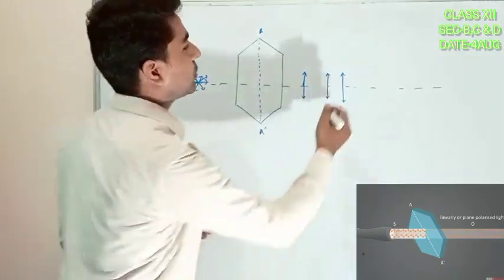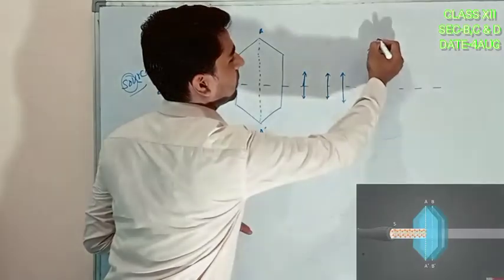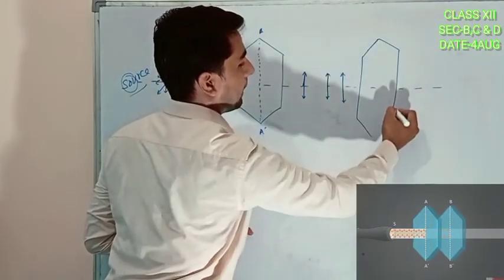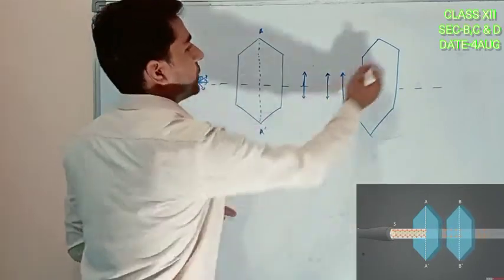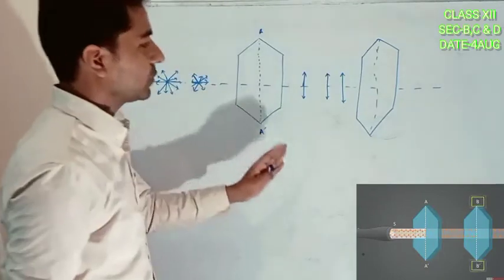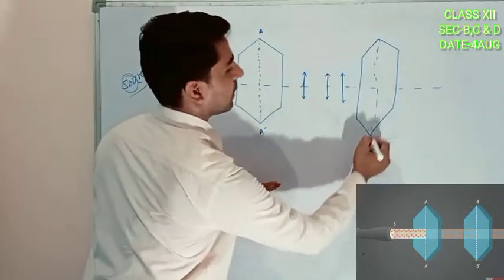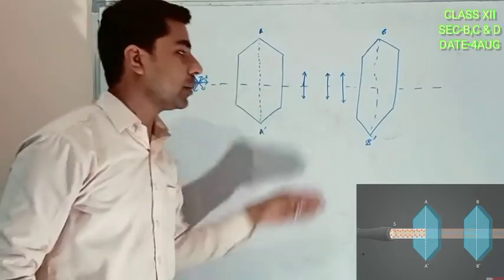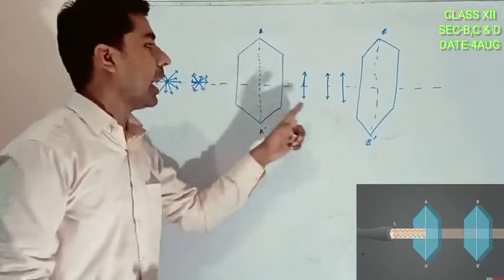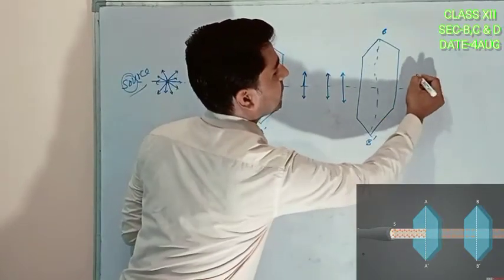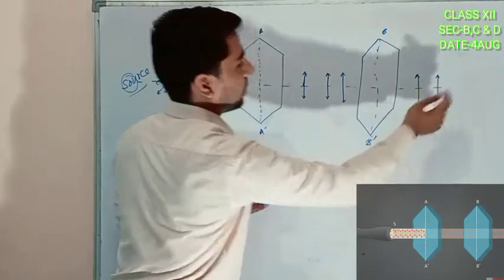But if you use one more crystal, or you can say polarizer, placed with the same axis parallel to the earlier one, suppose this is BB dash, if AA dash is parallel to BB dash, the same light ray will also emerge out here.